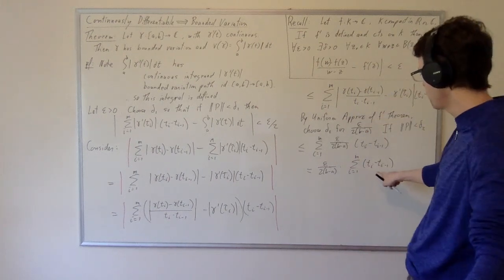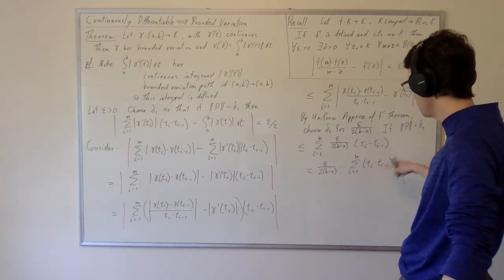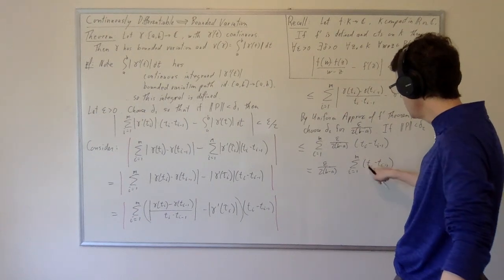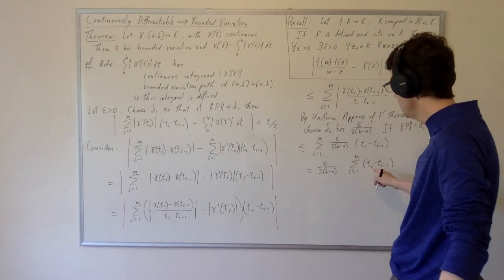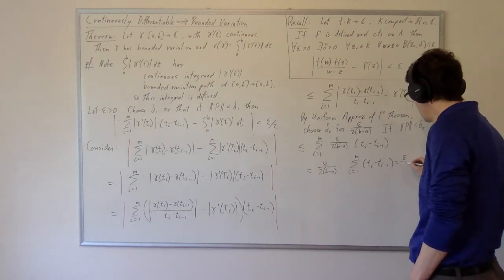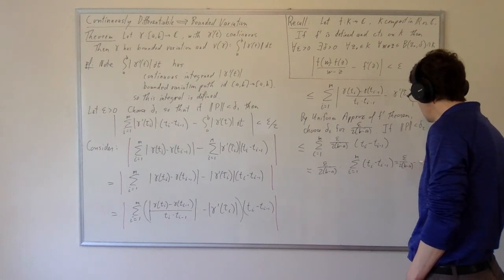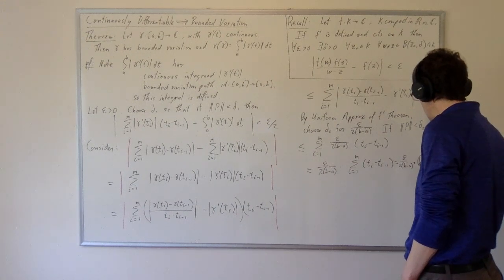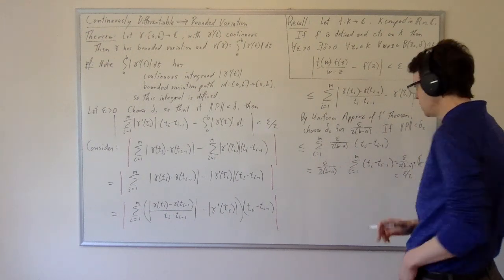But this is just a telescoping summation. All these Ti's will cancel except the first and the last. So that's just Tm minus T0, which is just b minus a. So that's epsilon over 2 times b minus a, times b minus a, which of course is epsilon over 2 by design.